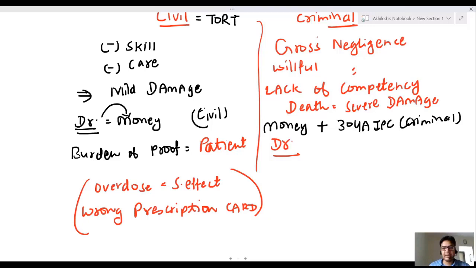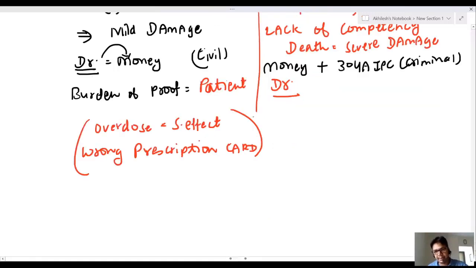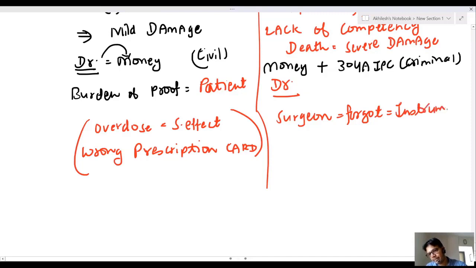The doctor needs to prove. Example, a surgeon forgot an instrument in the body, leading to death.